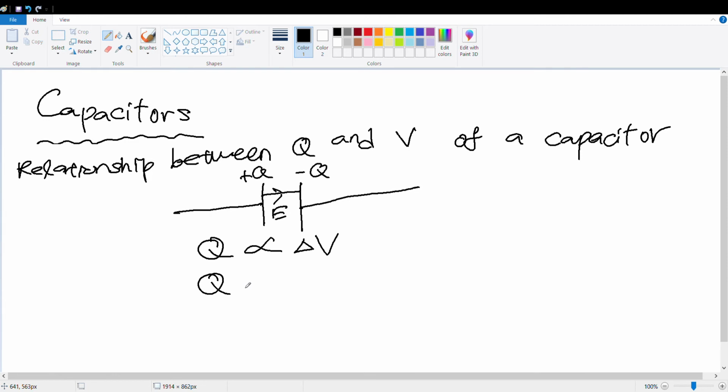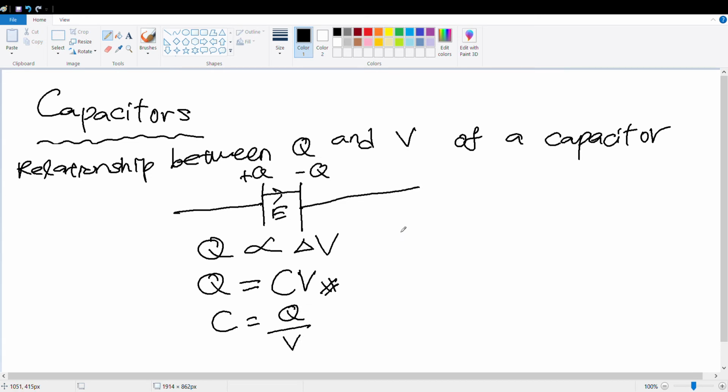After changing into an equation, what we need to do is add a constant. So this is C and this is V. This V indicates the potential difference, so it's not necessary for us to write down the delta. The final formula we get is Q equals CV, so C equals Q over V.